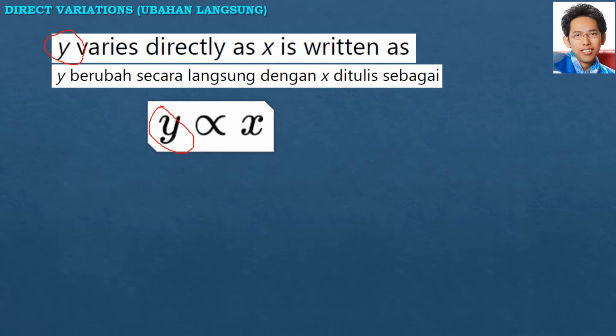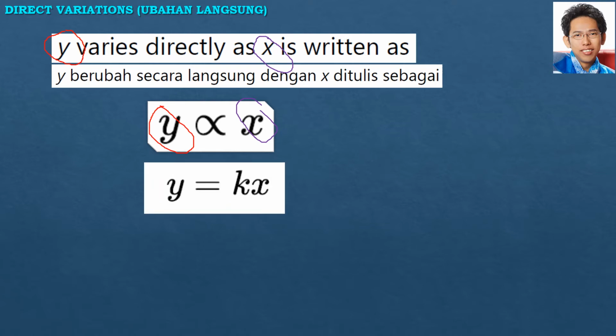Okay, just now I showed to you the symbol of variations. So this is a symbol of variations. Okay, so varies directly as x. So x is our second unknown, so we write at the back. So this is the meaning.